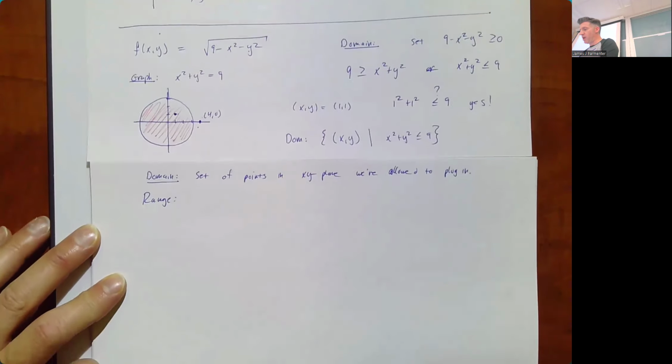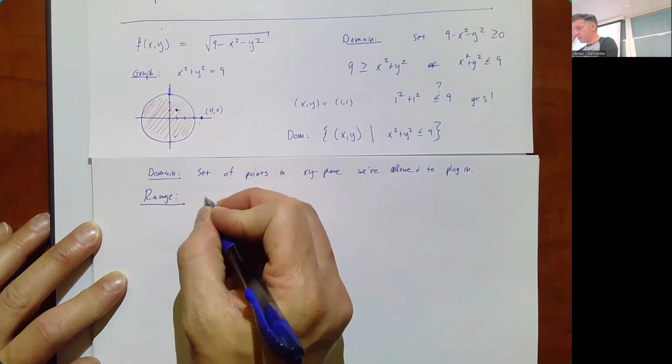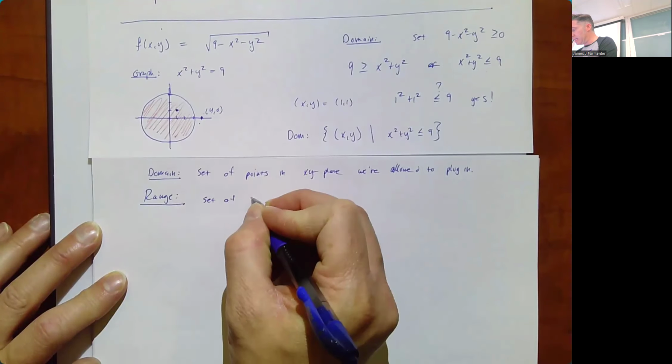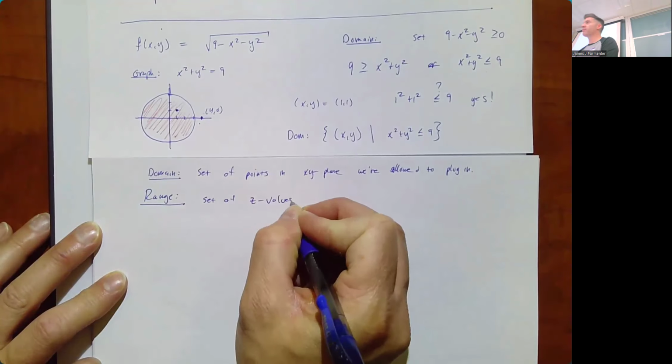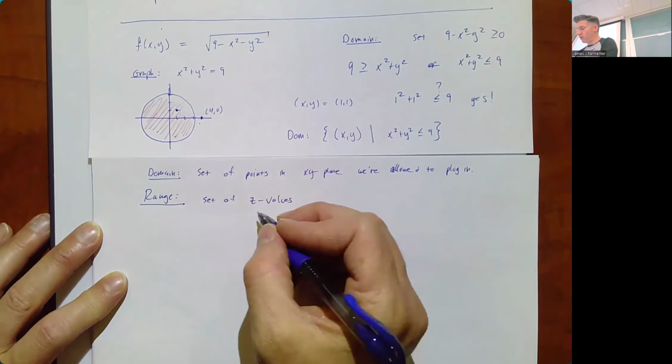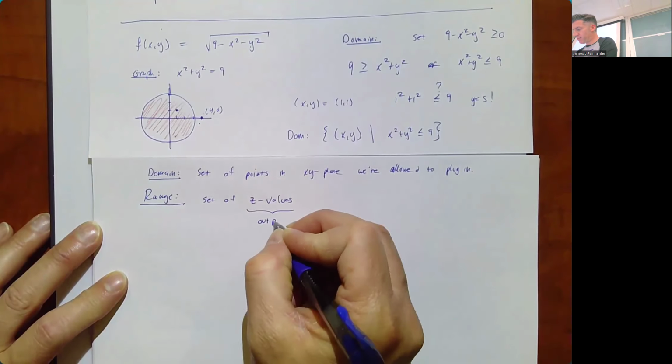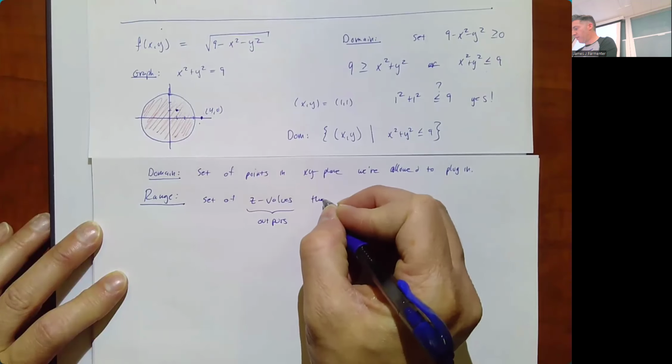On the other hand, the range is the set of z values, the set of outputs, if you will, that the function can take on.